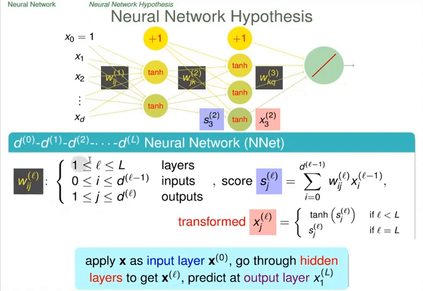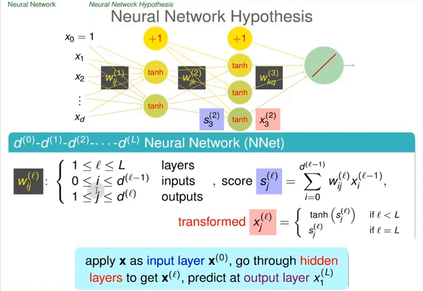Also, each layer has dimensions that we denote by d. So the input dimension is equal to the dimensionality of the input data. The dimensionality of the first hidden layer will be equal to the number of nodes, plus the bias. Similarly for the other hidden layers. So we will use d to denote the dimensionality.